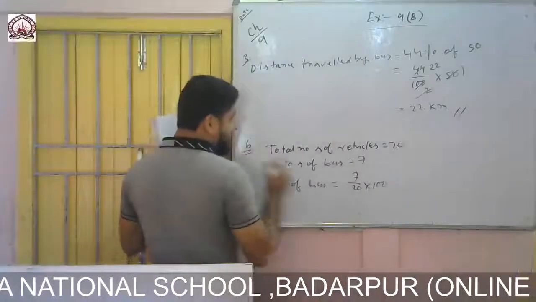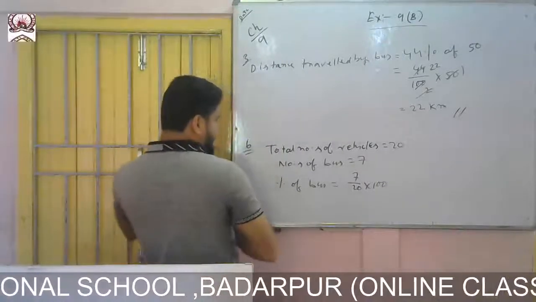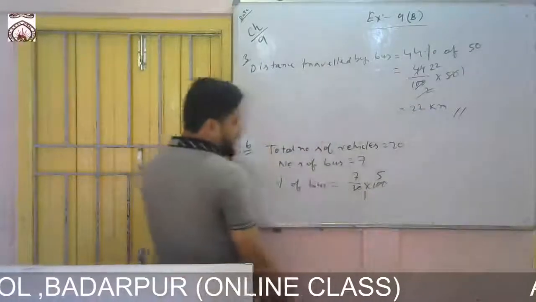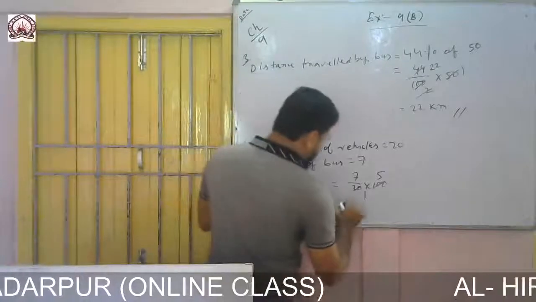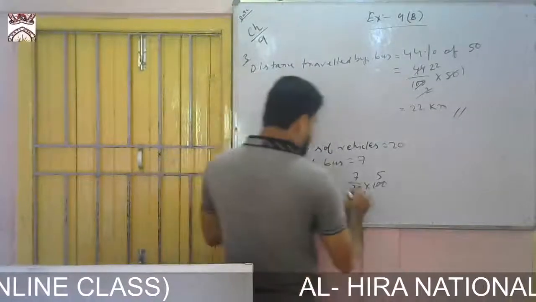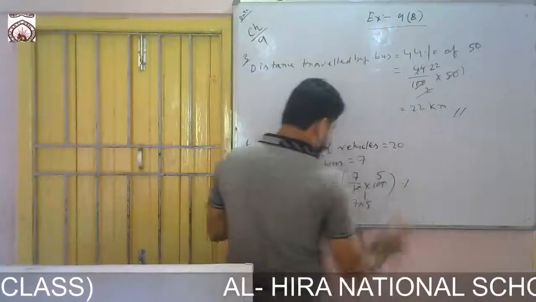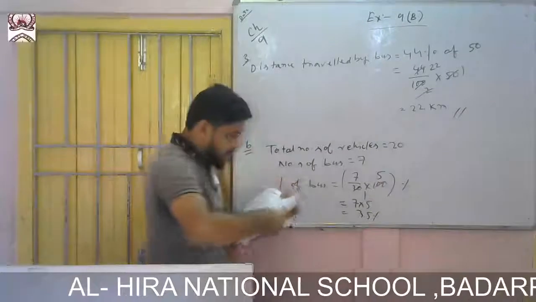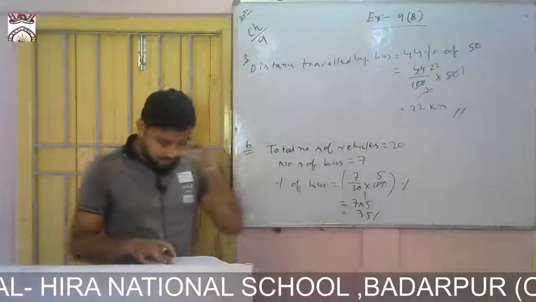So 20 into 5 is 100. So 7 into 5, 35%. The answer is 35%.